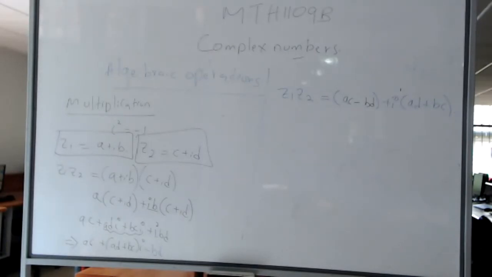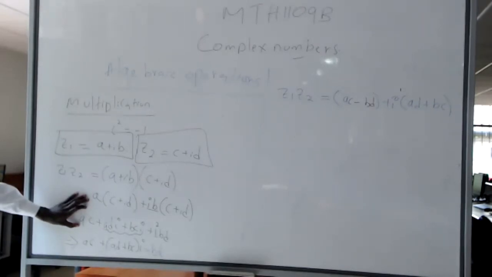I have a question. Why does the i keep switching sides? Which i? You see, on the one on top, it's AC plus ADi plus BCi.